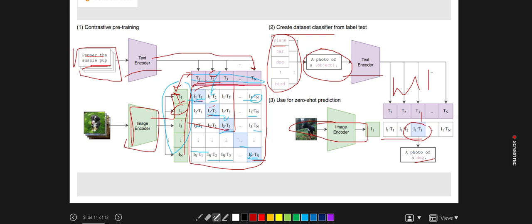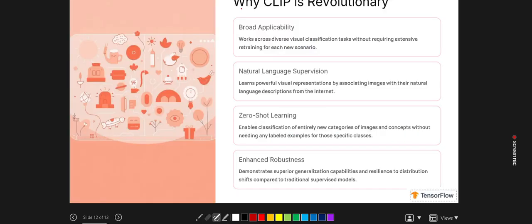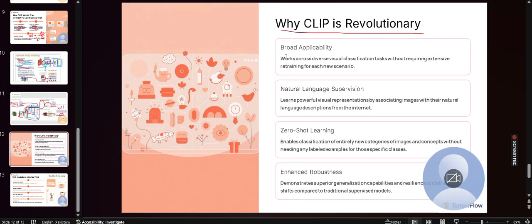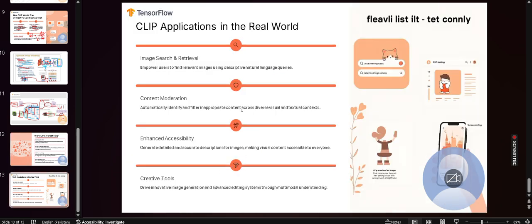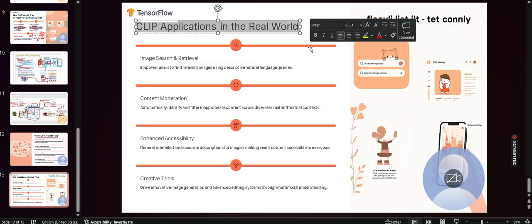So why is CLIP revolutionary? There are a lot of applications of CLIP. We already studied natural language supervision, where visual representation is associated with natural language description. Then there is zero-shot learning, enhanced robustness, and then CLIP applications in the real world.